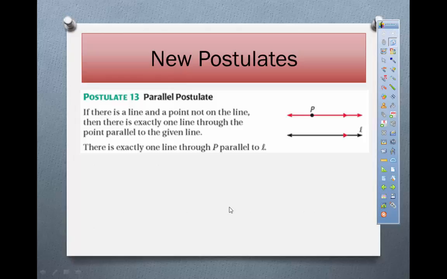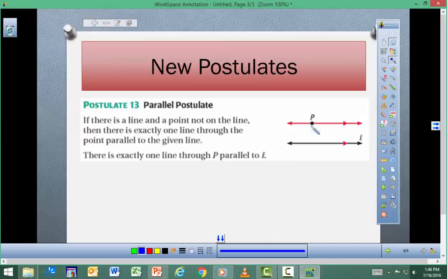Okay, so we have a famous postulate. It's called the parallel postulate. It says, basically, and there's a lot of history behind this, that if you have a given line L and you have a point P, then you can always draw a line parallel to the given line.